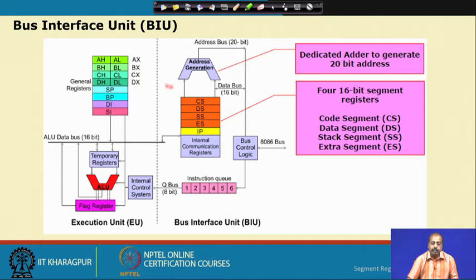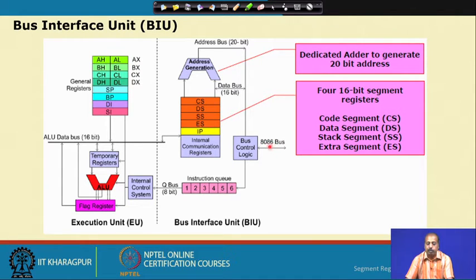For address generation, a separate address generation adder is put into this module. The CS value and the IP value are combined to get the 20-bit address, which is put onto the address bus through the bus control logic, connecting to the 8086 bus.